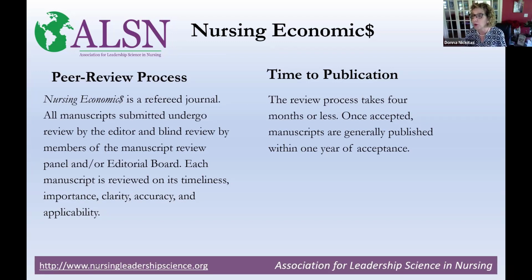It has been a little slow with COVID around, but once it's accepted, they usually publish within 1 year. Sometimes, depending on the timeliness, if it's really hot, we'll publish it ahead online on our website, followed the following month by publication in the actual journal itself.